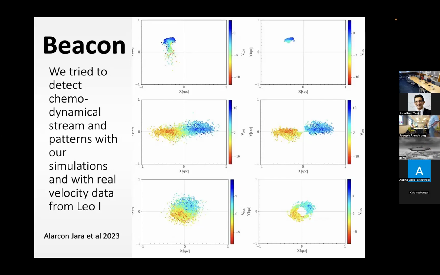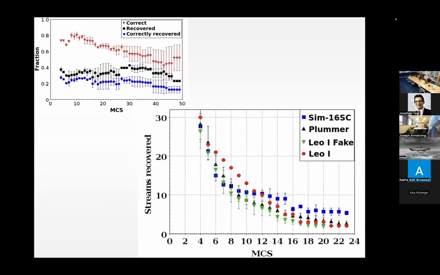Okay, so we can use that code on one side on the observational data, and on the other side on our simulated data. Well, as I said, we have larger than life simulations, and our data is perfect. We have exact positions, exact velocities, exact metallicities, everything.